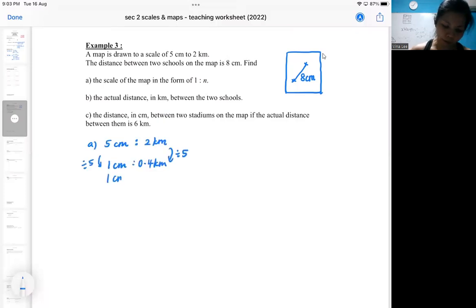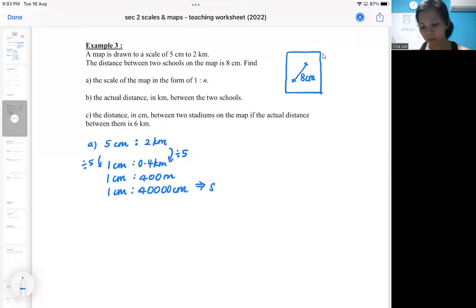So slowly do your conversion to meter first, then kilometer. Then centimeter. So once you have it in centimeter, you can drop it, and then you can say that the scale is 1:40,000.